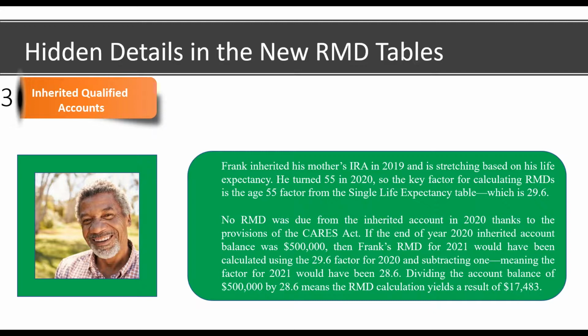And that's the factor you'd use to divide the beginning of the year account balance by. And so for 2021, if his account balance was 50 grand, he'd divide by 28.6 and come up with a minimum distribution of $17,483.